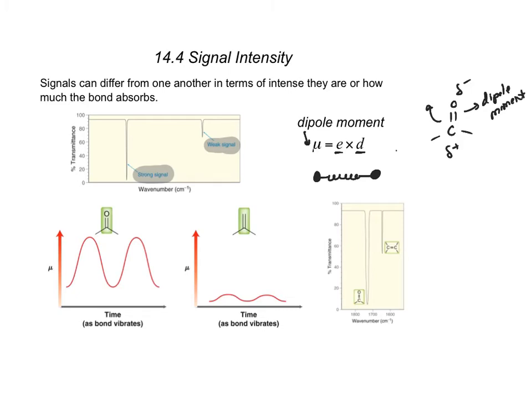Because it's generating its own electric field, it's going to serve as an antenna for other types of electromagnetic radiation, so it's very good at absorbing electromagnetic radiation. Because we get this big oscillation of charges, we get a bond that's very good at absorbing electromagnetic radiation, and that's going to lead overall to a very strong signal because we're absorbing light really well.